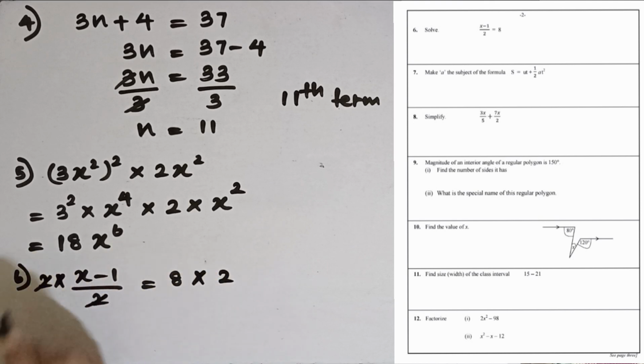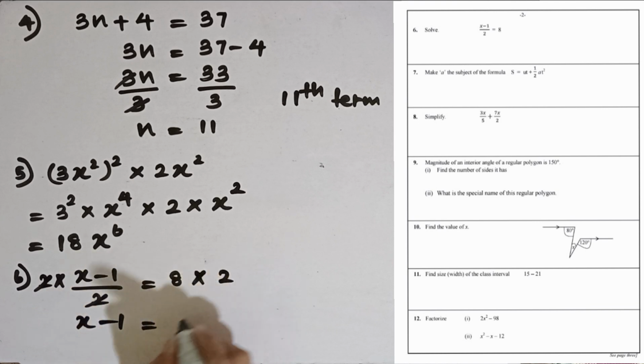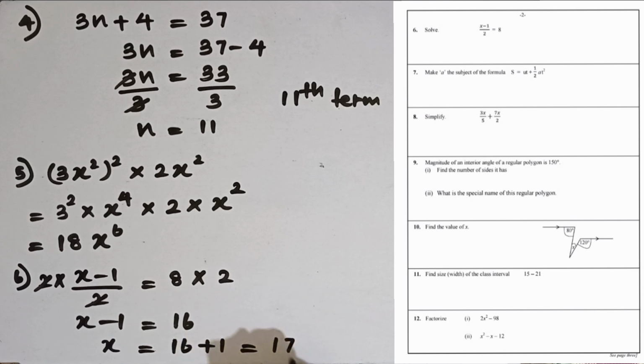Then 2 and 2 can be removed. Then x minus 1 equal to 8 times 2 is 16. Now we can remove this minus 1. For that 1 is added to both sides. Then x is equal to 16 plus 1 equal to 17. That is the final answer.